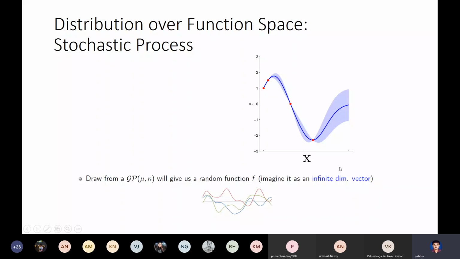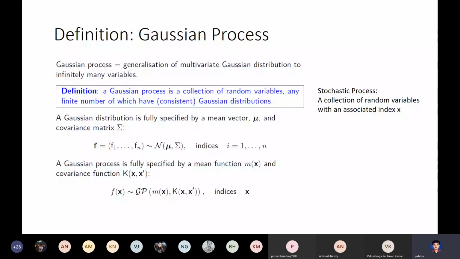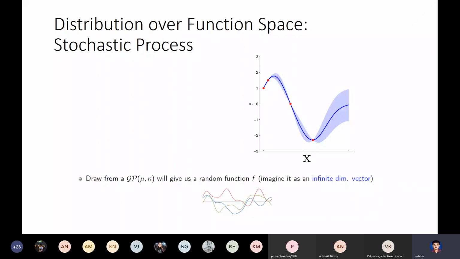See, the only difference between a normal multivariate distribution and a stochastic process is the following. In a normal multivariate distribution, it is a point, and you can think of it as a high dimensional vector, but there is an index value for these variates. So index 1, variable number 1, variable number 2, variable number 3, variable number 4.